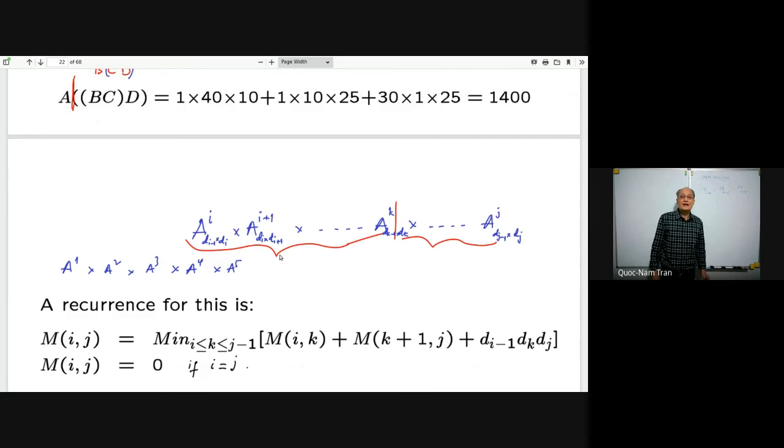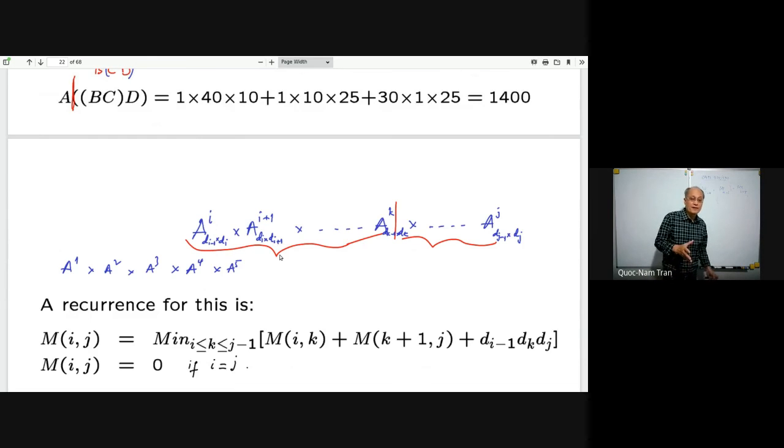So in general, if we have a chain of matrices from Ai to Aj, i can be 1 and j can be n, but in general we can talk about a small chain of the big chain. In other words, if we have an arbitrary chain of matrices, what are we looking for?